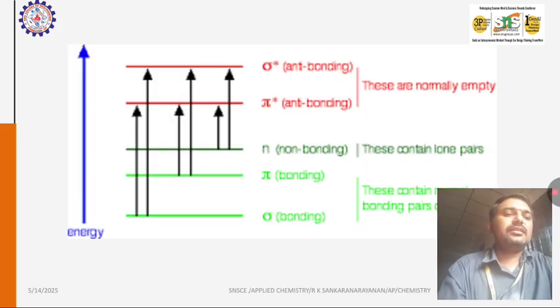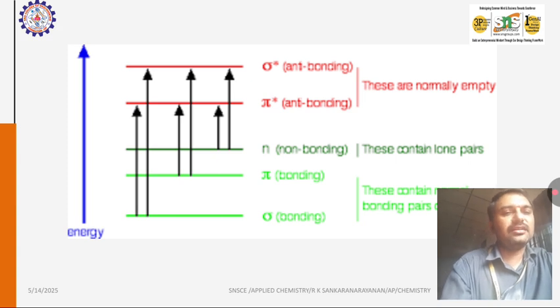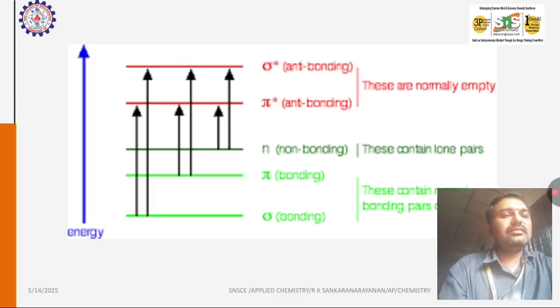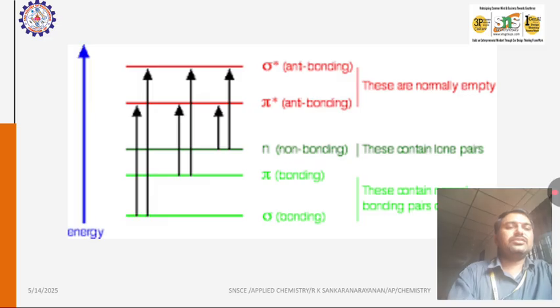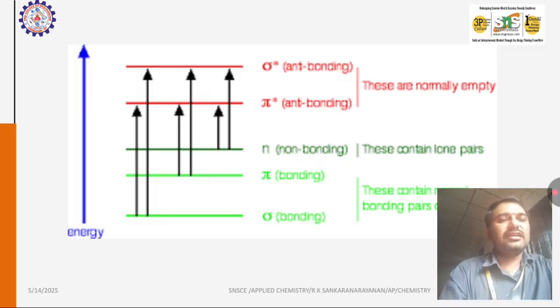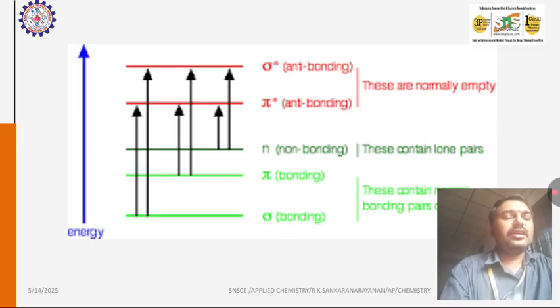What happens when you pass UV light on samples, whether organic or inorganic? There are bonding, anti-bonding and non-bonding levels. Generally the transition happens from bonding to anti-bonding or non-bonding, for example pi star level to sigma star.